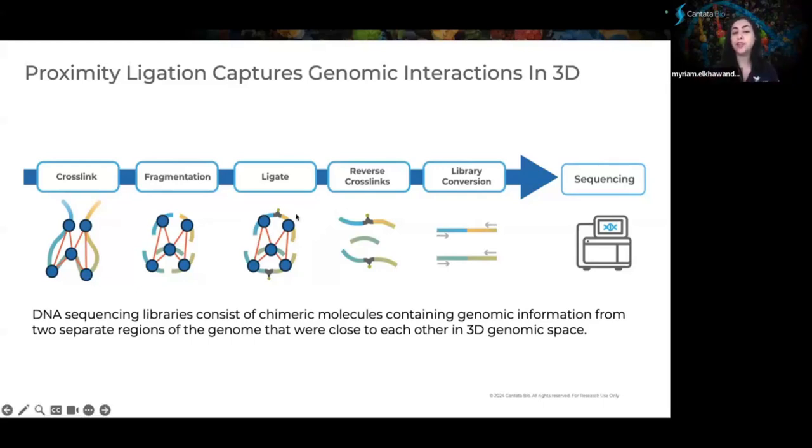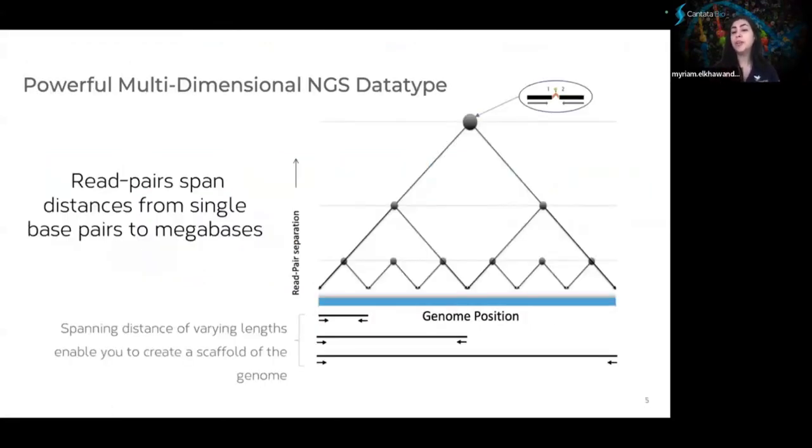After the proximity ligation, you reverse the crosslinks, degrade the proteins, and you purify the DNA. Then this DNA is converted into a sequenceable library, and the library is sequenced in paired-end mode. So the read pairs that you end up with have one read aligning to one genomic region, and the other read aligning to another separate genomic region.